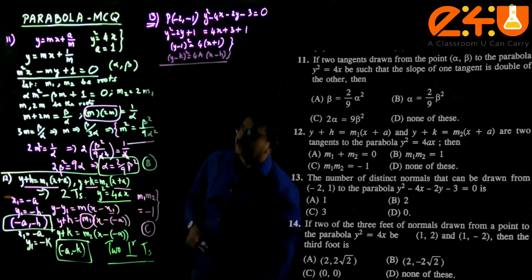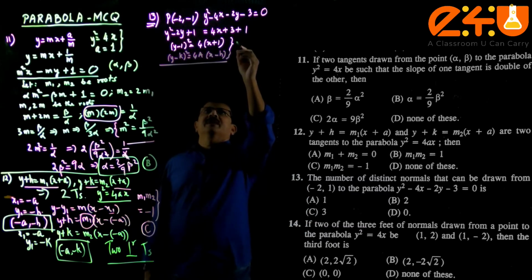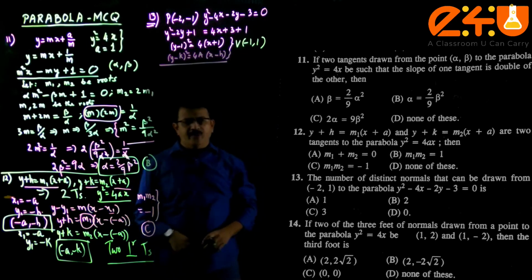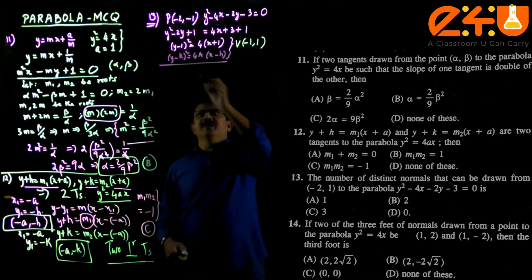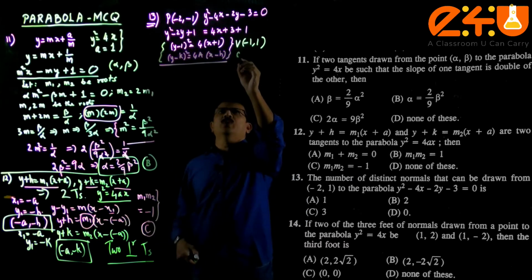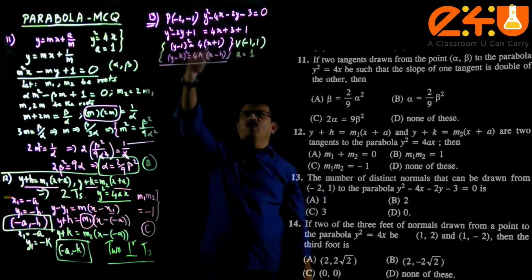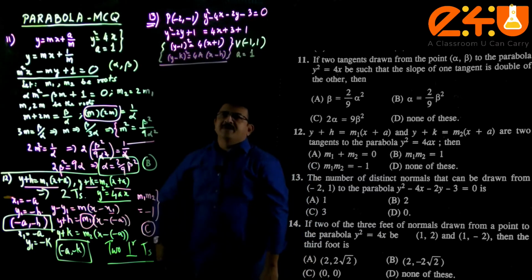Let us get some highlights. Vertex is minus 1 comma 1 for this parabola. It is not the standard basic, but it is an extended basic. You got a very good idea. And the value of a is 1, because 4a equals 4 only. a is 1.